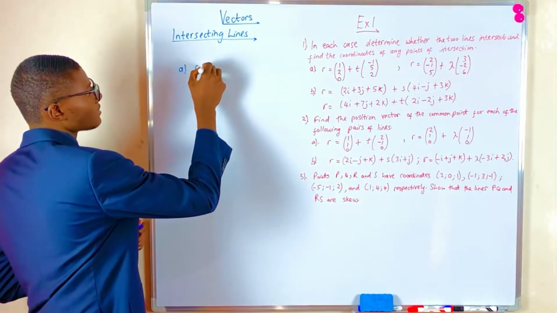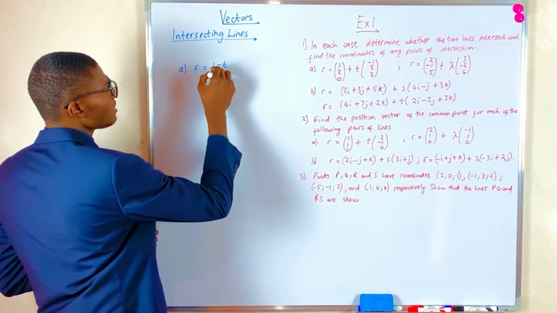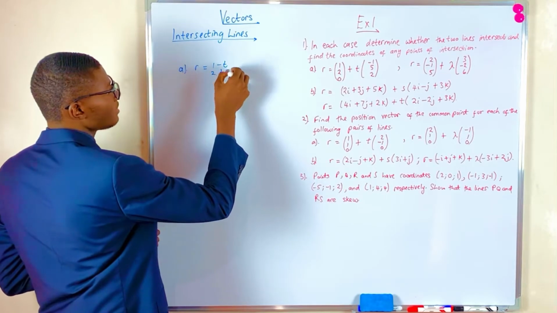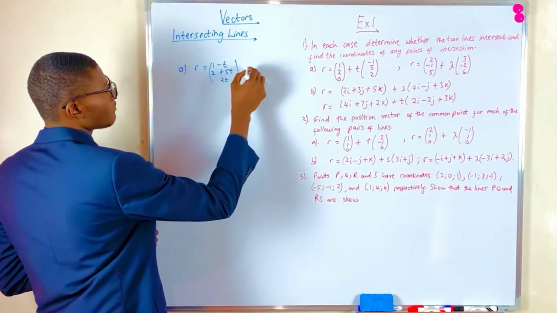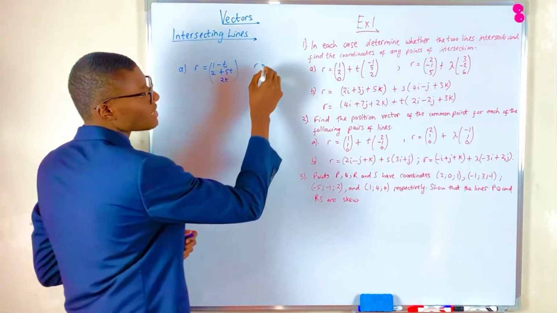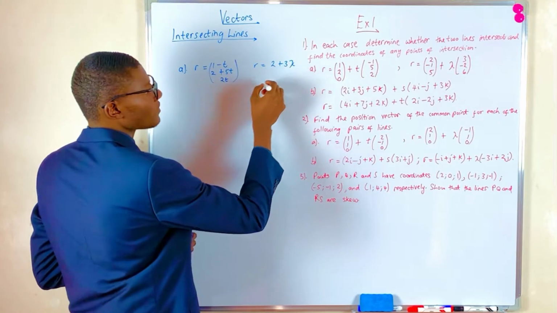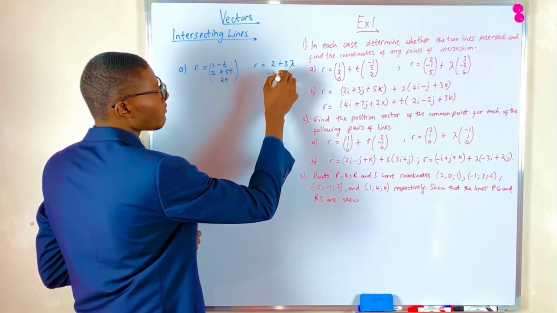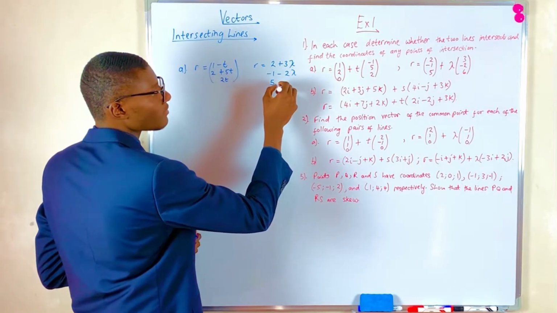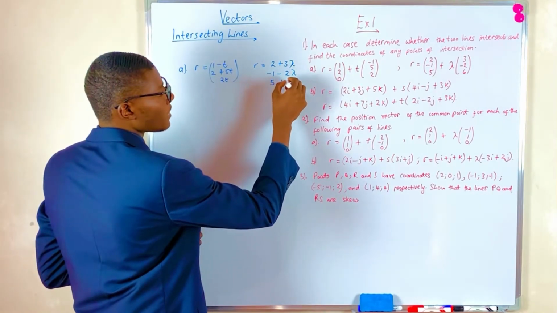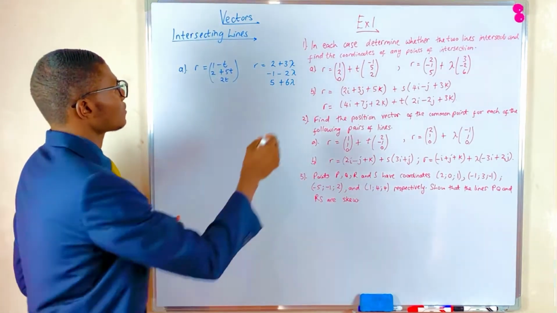For the first equation, r is equal to (1 minus t, 2 plus 5t, 2t). For the second equation, r is equal to (2 plus 3 lambda, minus 1 minus 2 lambda, 5 plus 6 lambda).